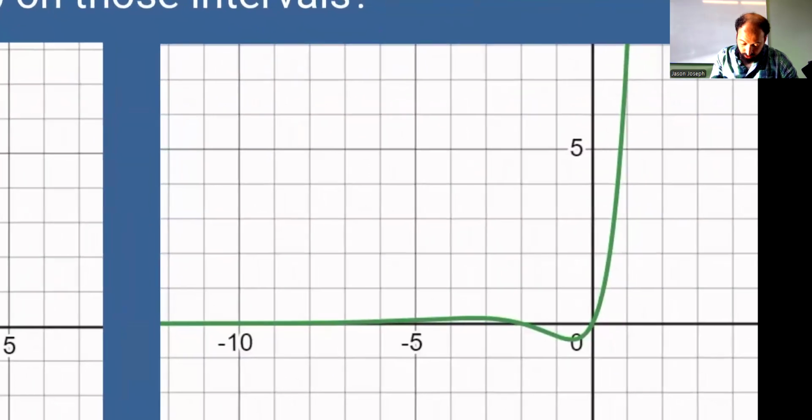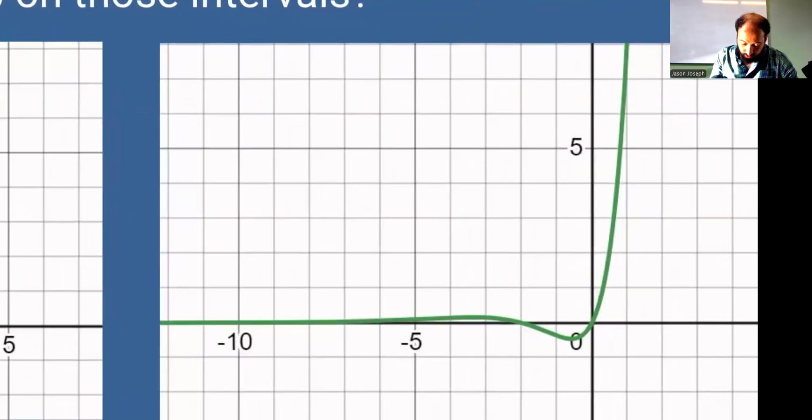It looks like it's positive coming in from minus infinity until here. Let's make that a different color. That looks like the first time where it actually reaches zero, and then also again at the origin.